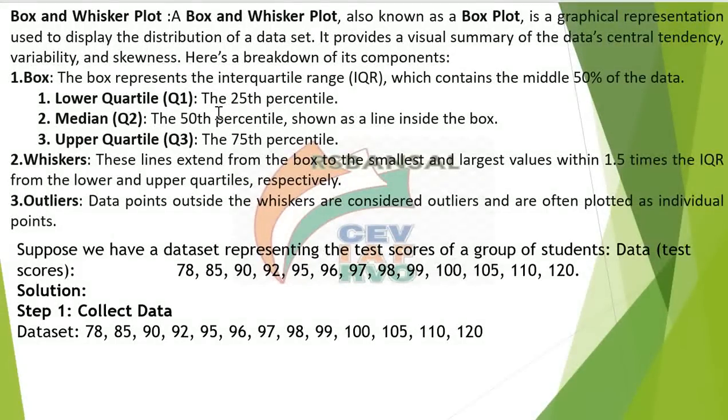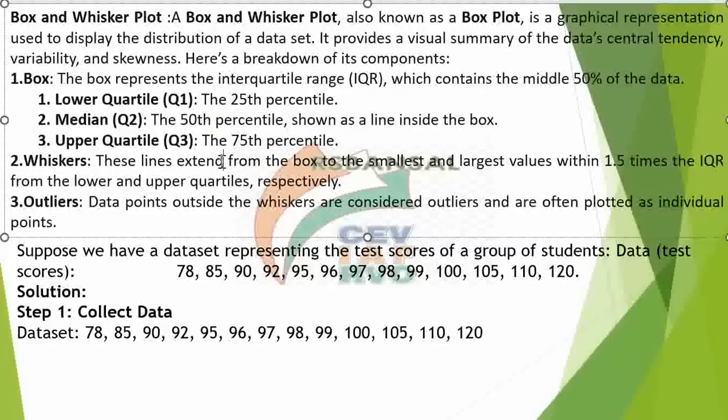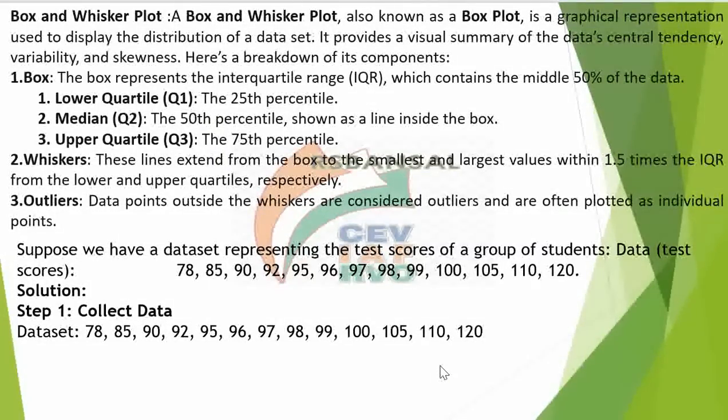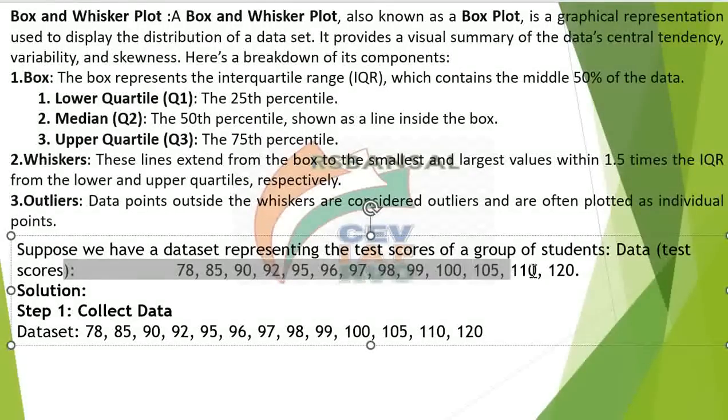There are three things here. You have to find five values. First thing you remember, instead of going through all these things, we will simply deal with this example. Here you have to find five values.